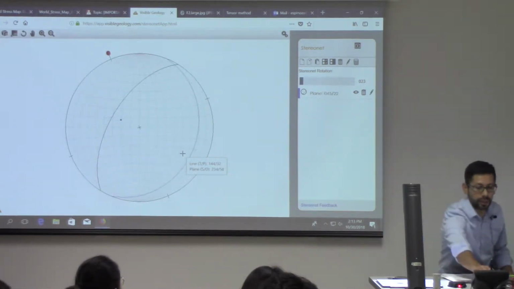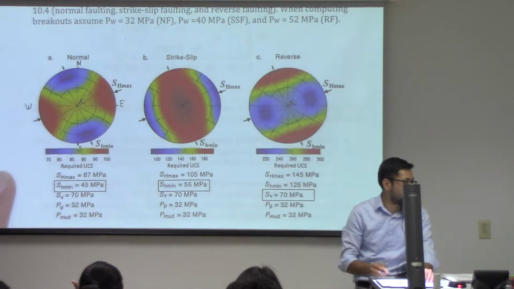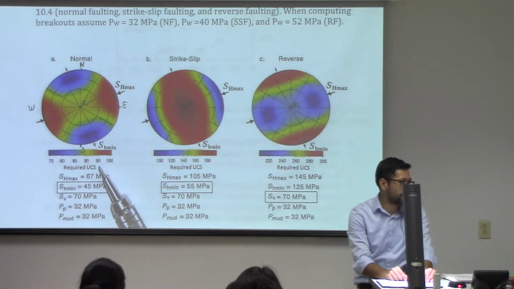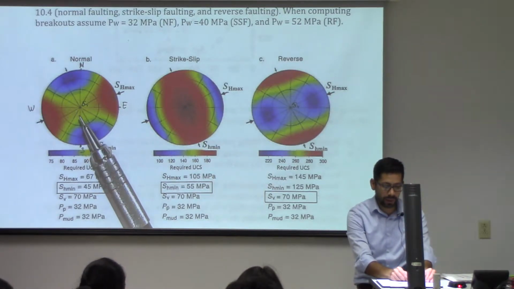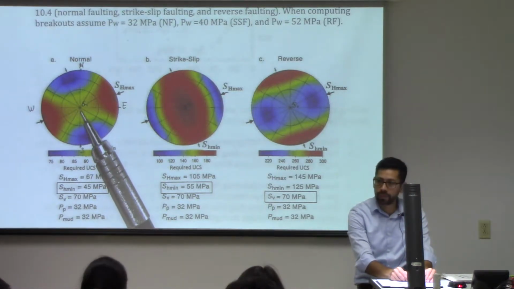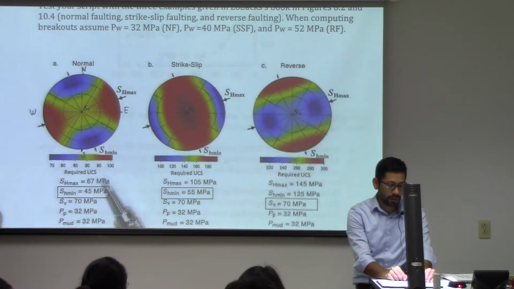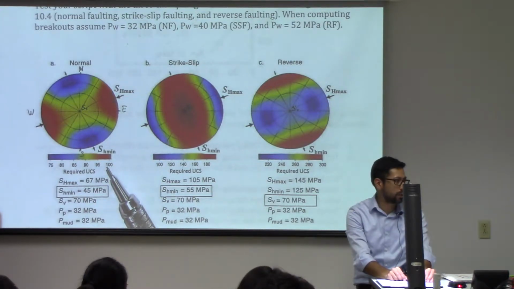For example, in our case, if I switch to this solution, you are plotting in polar coordinates the required unconfined compressive strength. So you can do a surface map of where you need, in this case, the strongest rock in order to avoid shear failure.